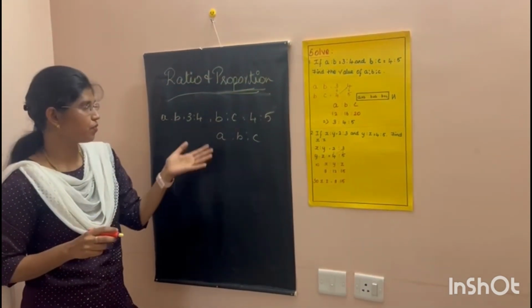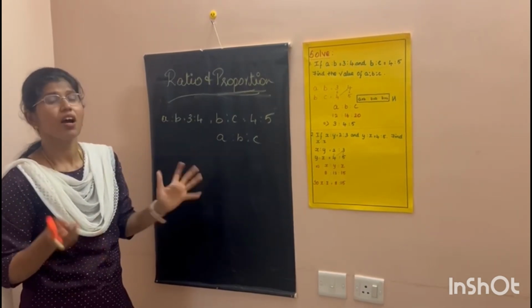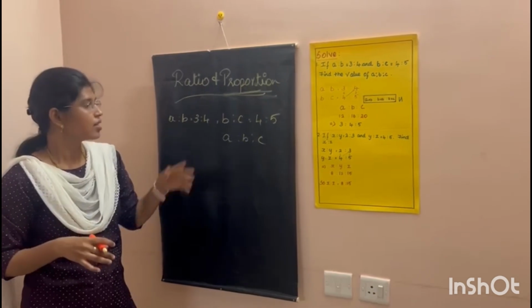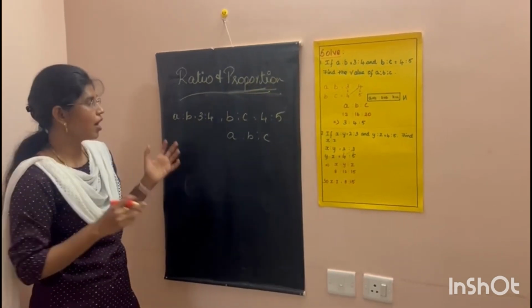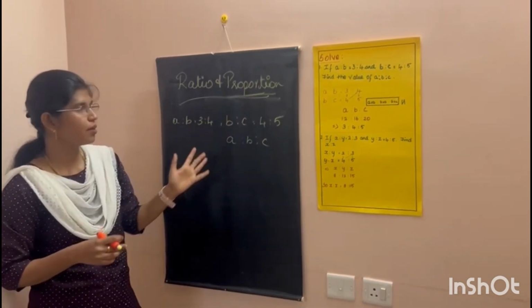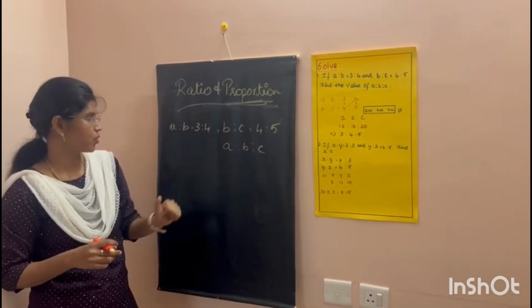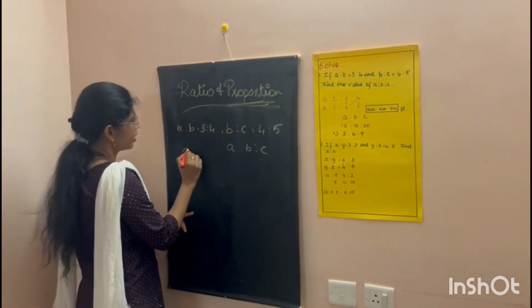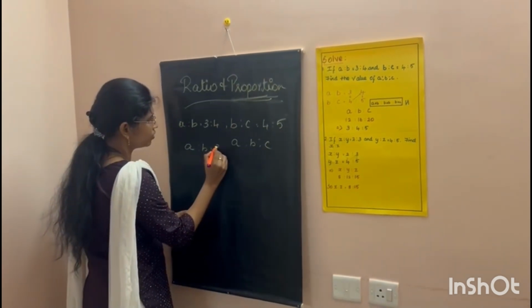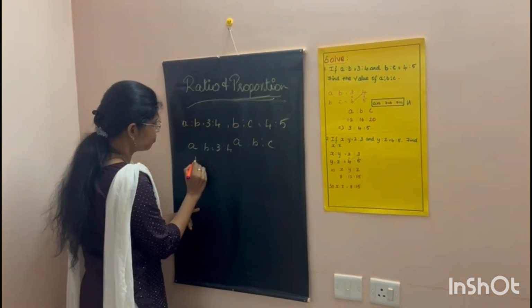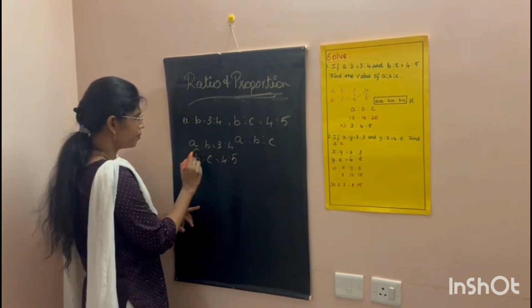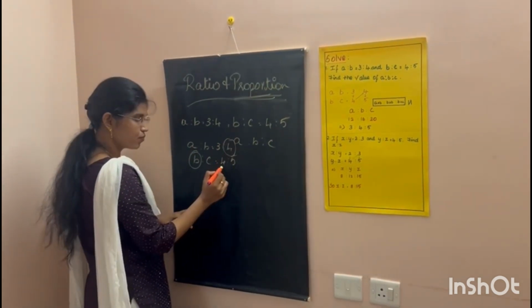Previously we used to find the highest common divisor or multiply both numbers by the same value, which was somewhat confusing. So I am using a simple trick to solve problems like this. Here the value of B is the same, that is 4 only.